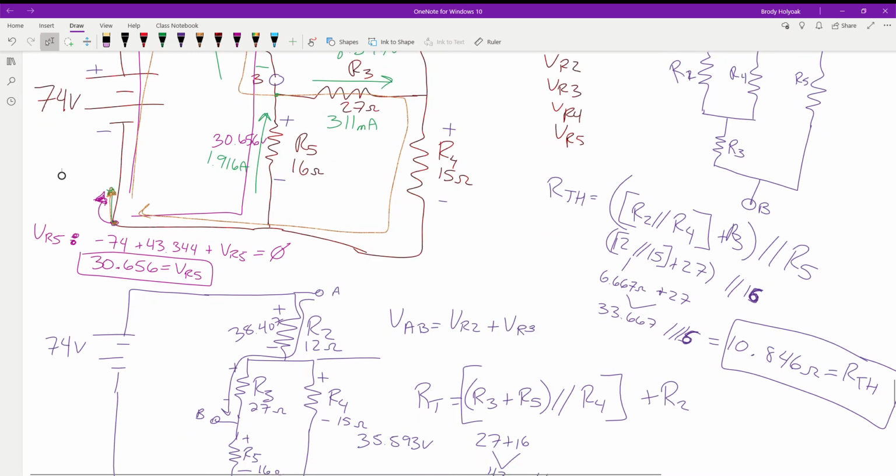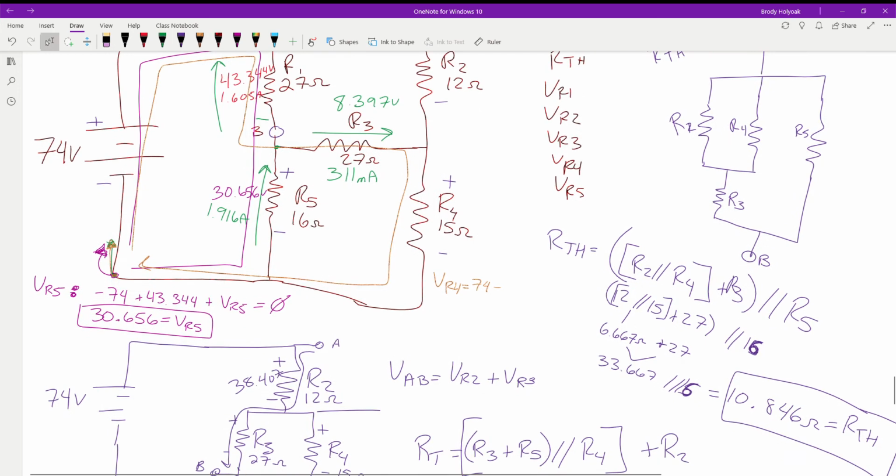So VR4 is equal to the 74 volts minus 43.344, and we minus the 8.397.